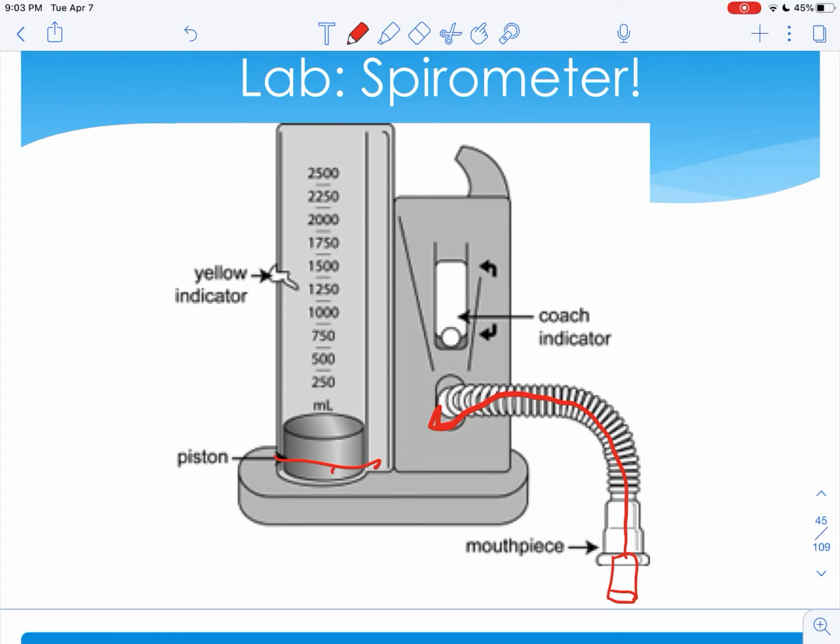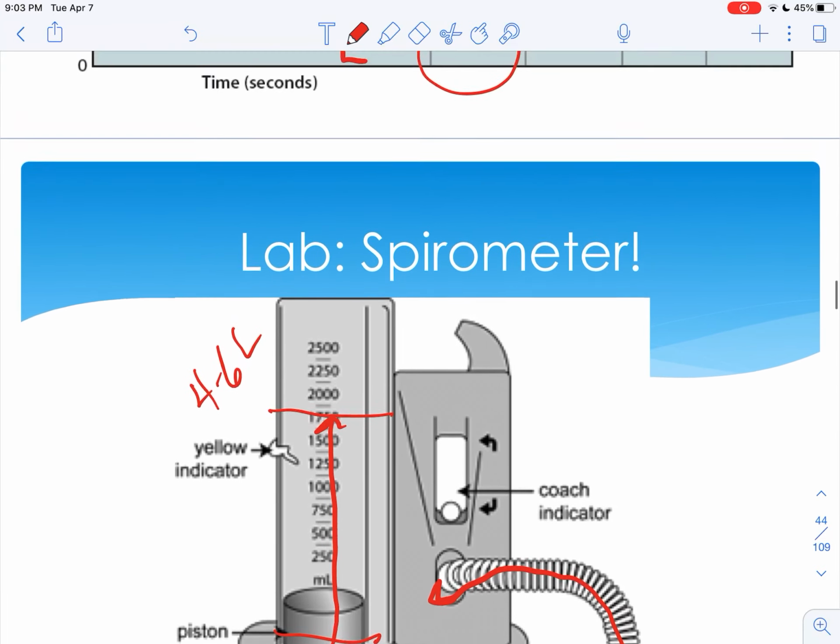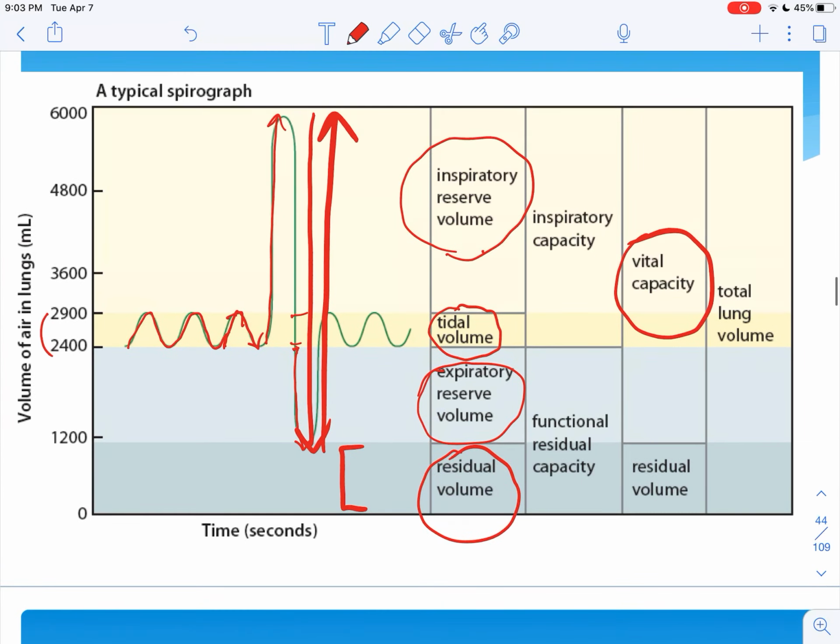So it's kind of holding it down, but you will exhale and this piston will go up and show you how many liters of air. Most people are somewhere between 4 to 6 liters of air that they can exhale into the spirometer, and that will show you your vital capacity.